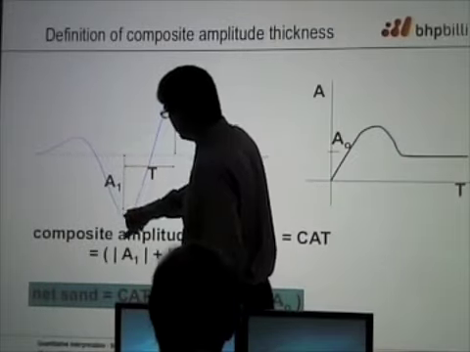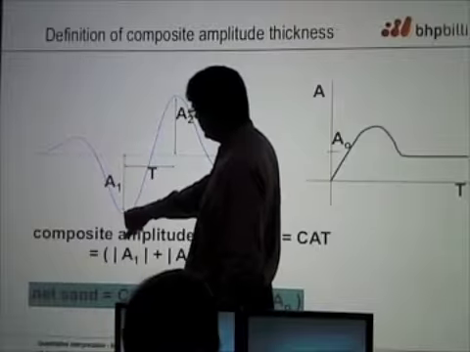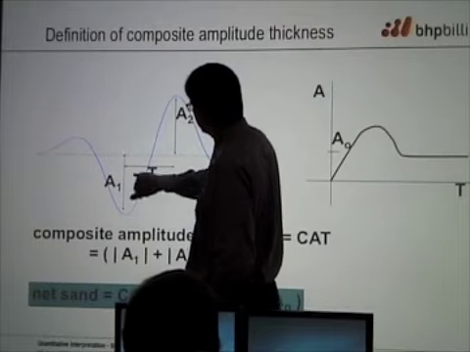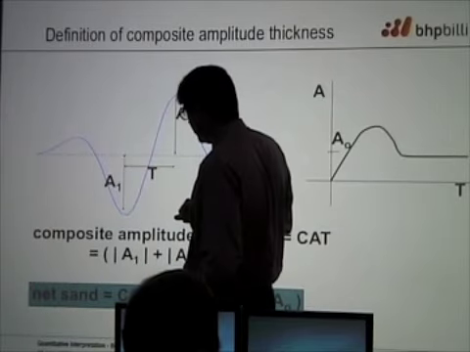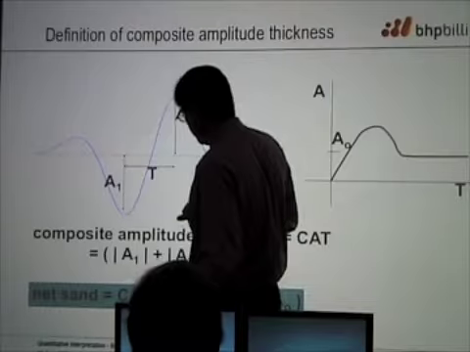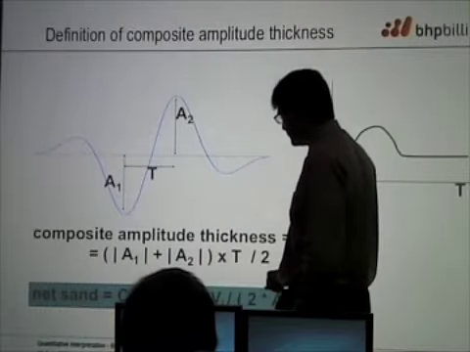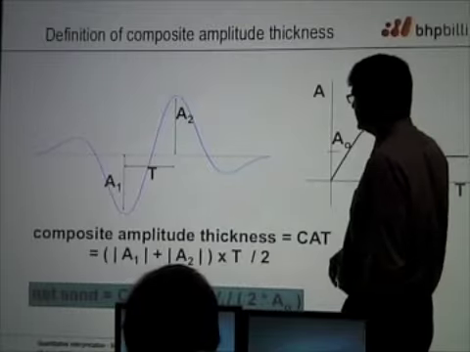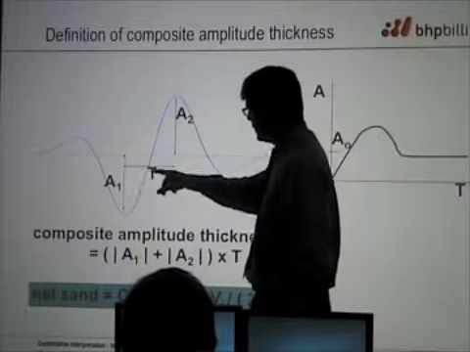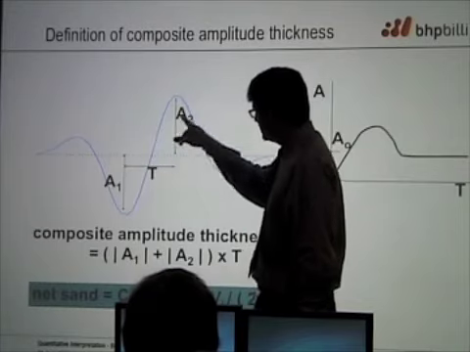The top of the reservoir is the negative kick in this case. The base is the positive kick in this phase. Composite amplitude is the average of the absolute values, and the composite amplitude thickness is this composite amplitude multiplied by the difference between those two.